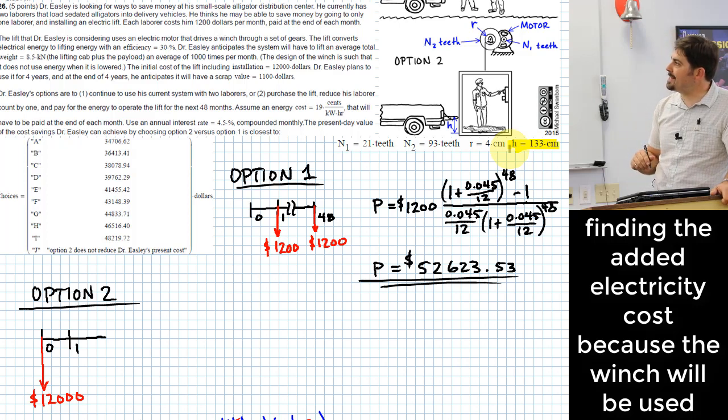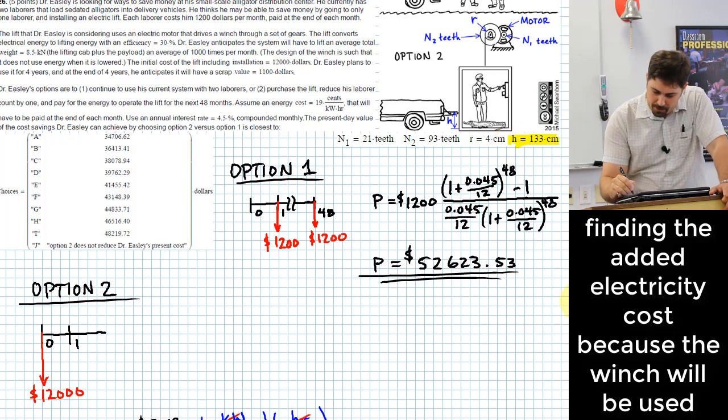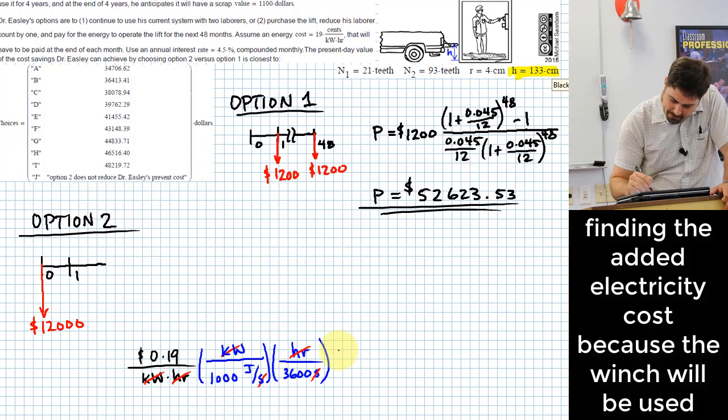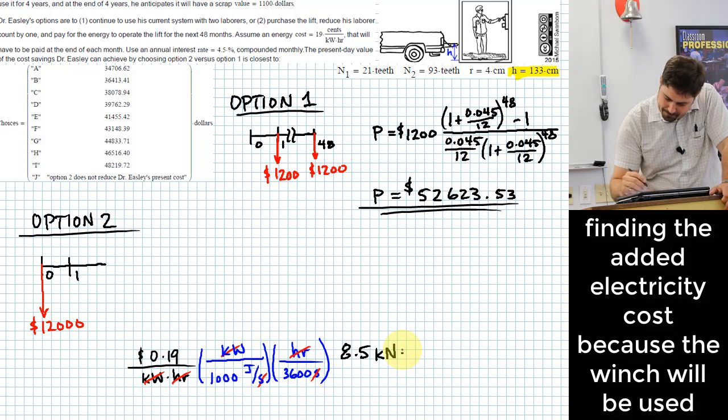It gives you a height that you have to lift it. Okay, force times length is what? Energy, right? So if I go ahead and I put in here 8.5 kilonewtons times 133 centimeters.